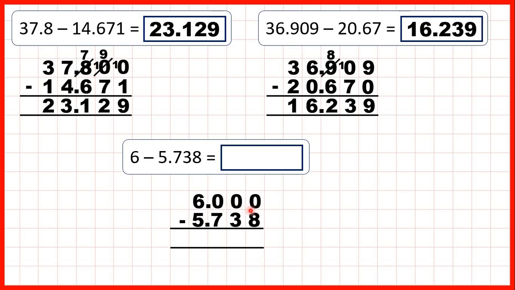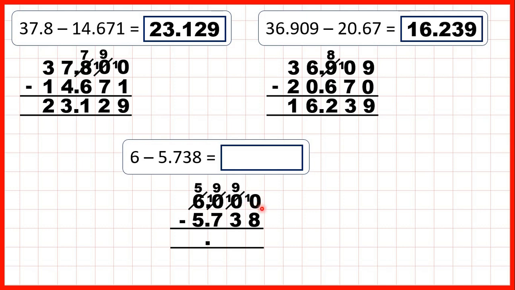But now we can subtract using column subtraction, but first, so that we don't forget, let's copy the decimal point down into our answer. Now we can't do 0 minus 8, and when we go to the left we have a 0 and then another 0, so we need to go all the way over to the ones column and exchange one of those ones for 10 tenths, then exchange one of those tenths for 10 hundredths, and finally exchange one of those hundredths for 10 thousandths.